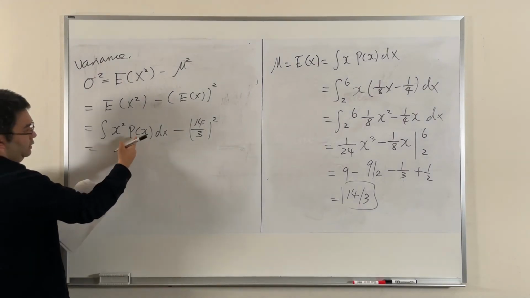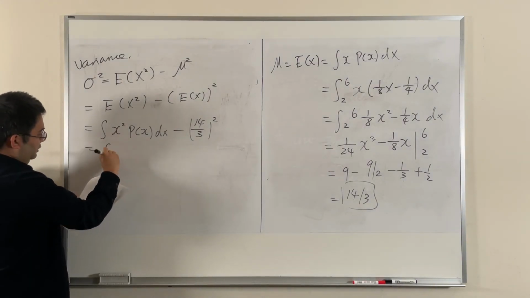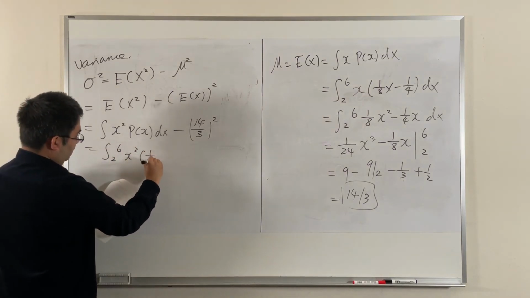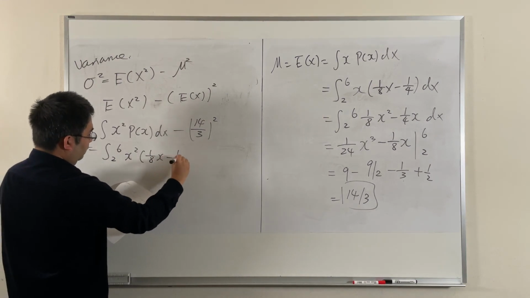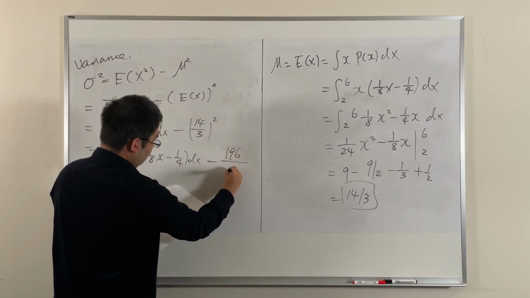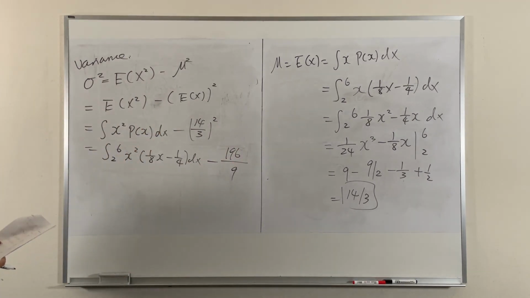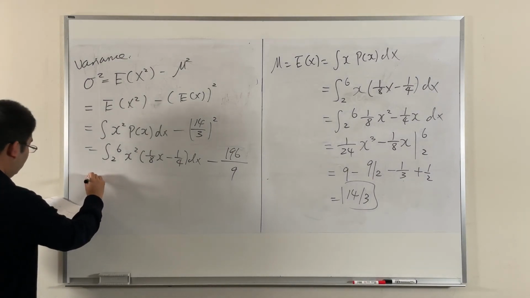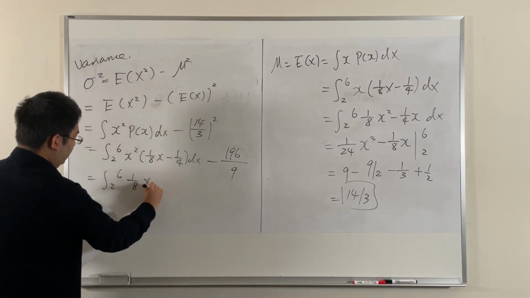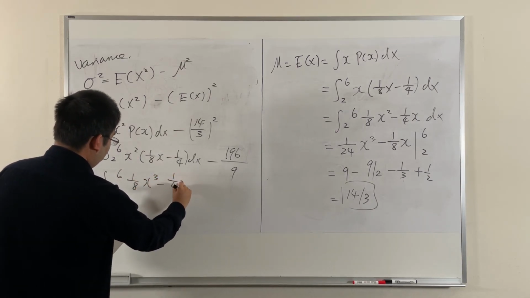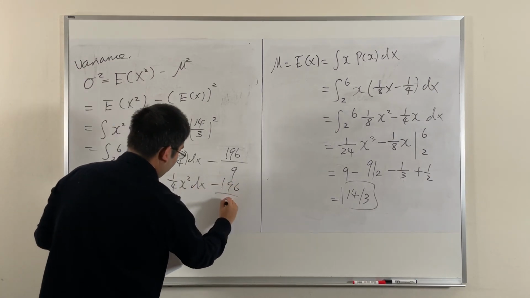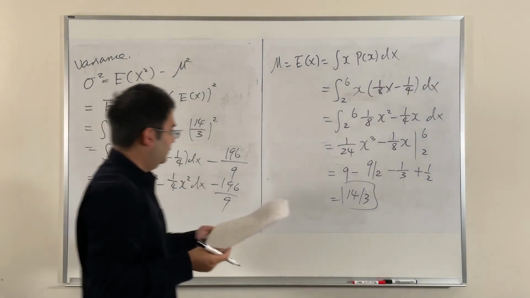Let me plug in the formula here: the integral from 2 to 6 of x squared times (1/8 x minus 1/4) dx, minus 196 divided by 9. We continue. This goes to the integral from 2 to 6 of 1/8 x cubed minus 1/4 x squared dx, minus 196 over 9.